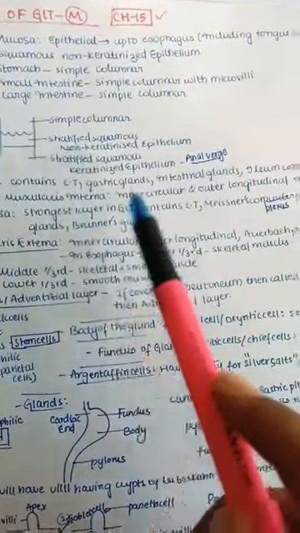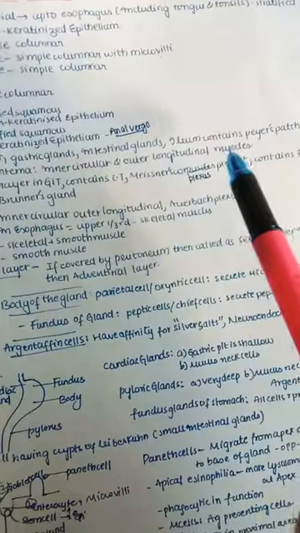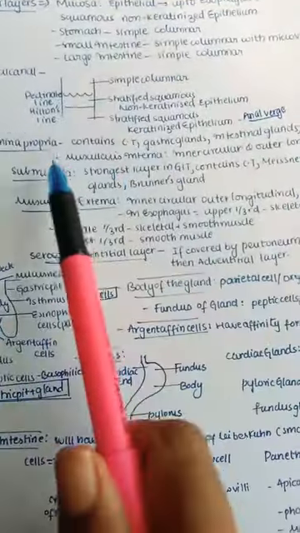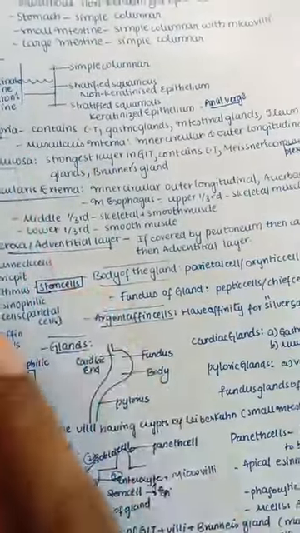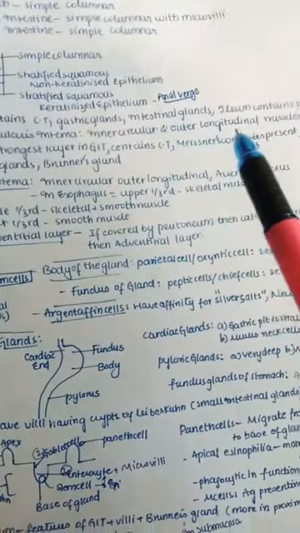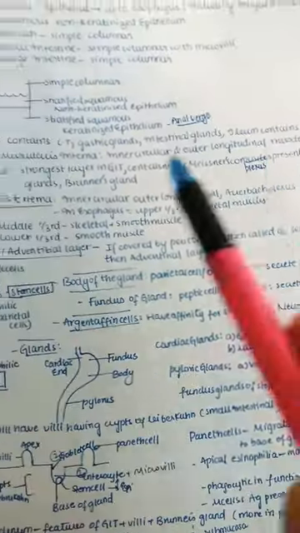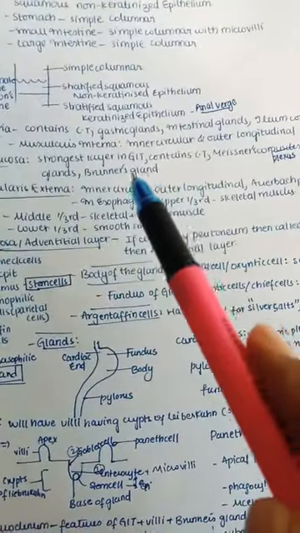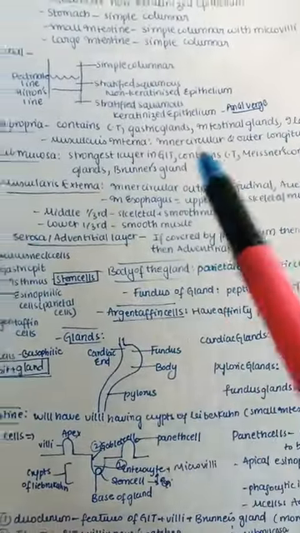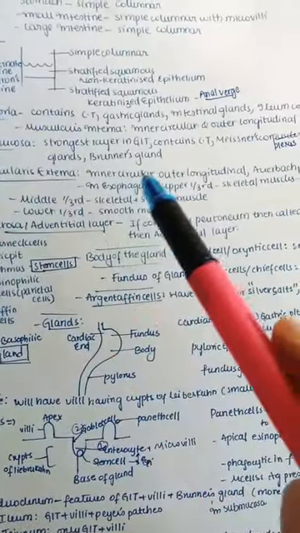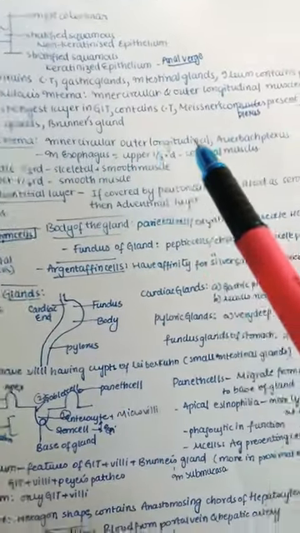The muscularis mucosa mainly contains inner circular and outer longitudinal muscle layers. Coming to the submucosa, it is the strongest layer in the GIT, which mainly contains connective tissue, and Meissner's plexus is present, and it also contains esophageal glands, Brunner's glands, etc. Brunner's glands are in the case of the duodenum. Now the muscularis externa has inner circular and outer longitudinal layers.